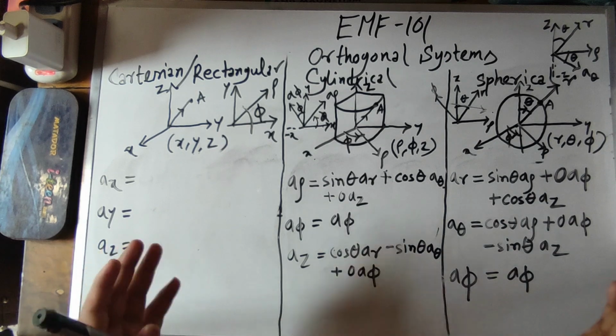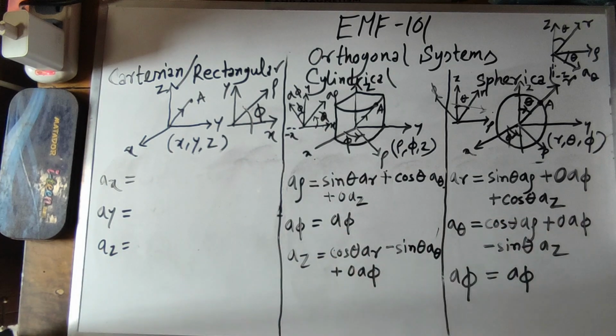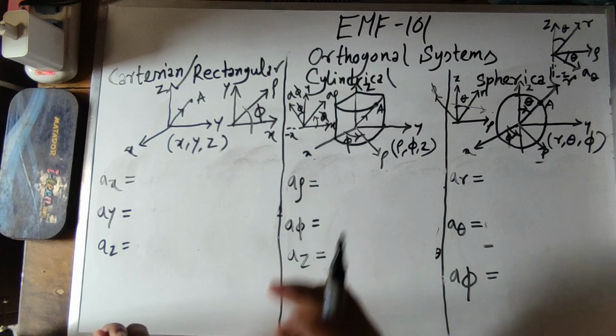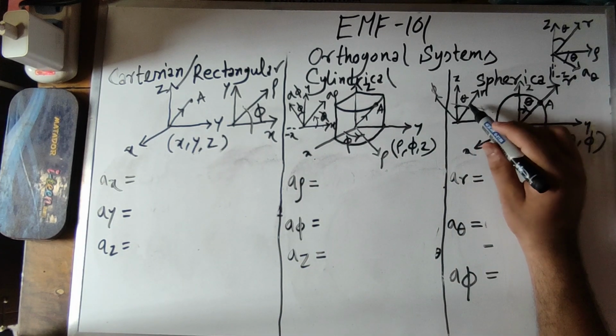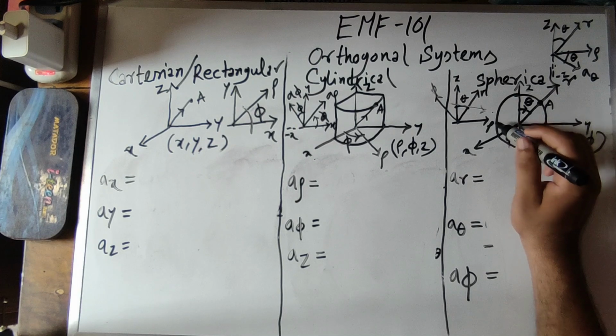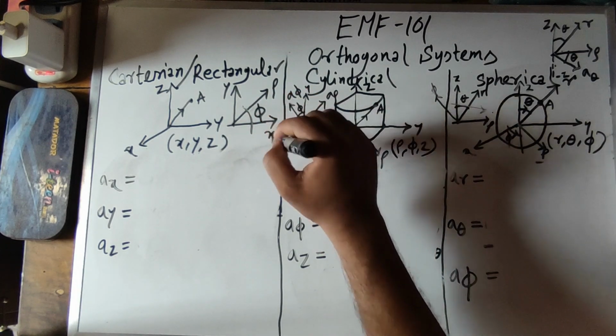Now what will be the transformation of Cartesian to spherical and vice versa? We will now see that. If we see in this diagram, r has a sine theta component with rho, and rho has a cos phi component with x.